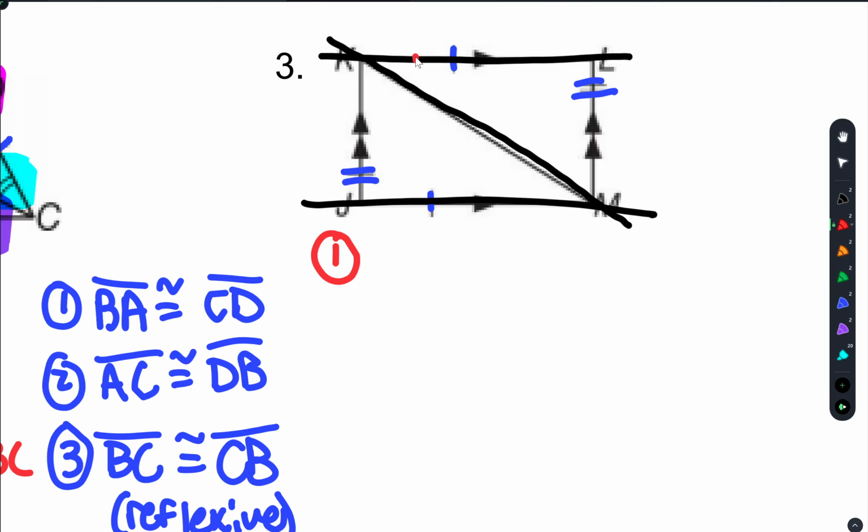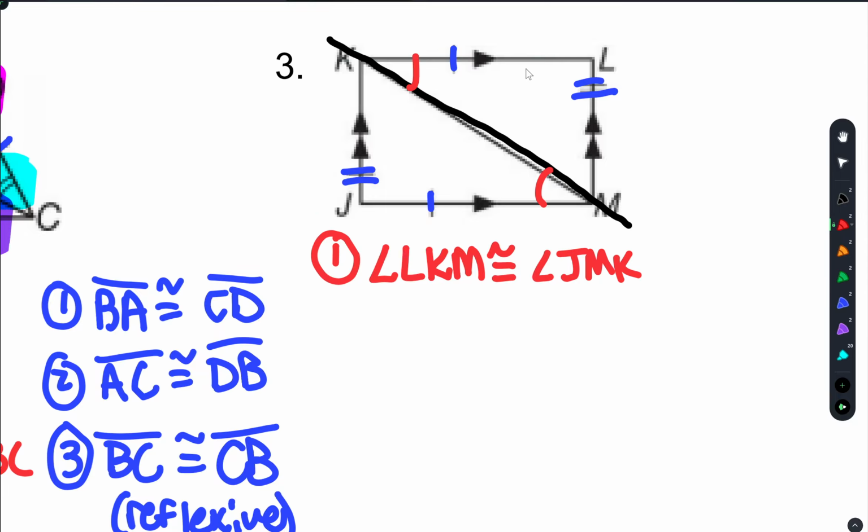Hopefully. Let's start with 1 tick mark and 1 tick mark. Let's call that LKM. And let's call the other one JMK. It's going to be harder to write these at the beginning, I know. All right, we're good with that angle. Let's do the other way.